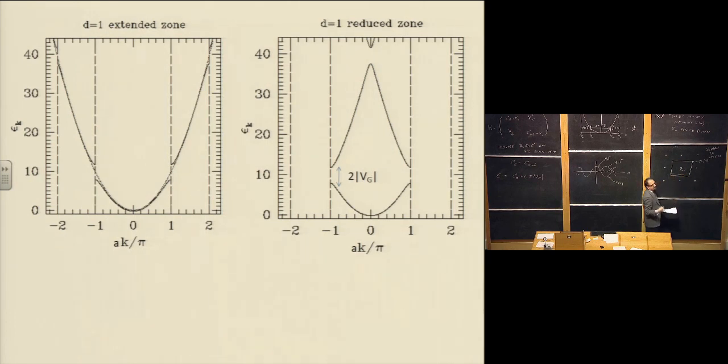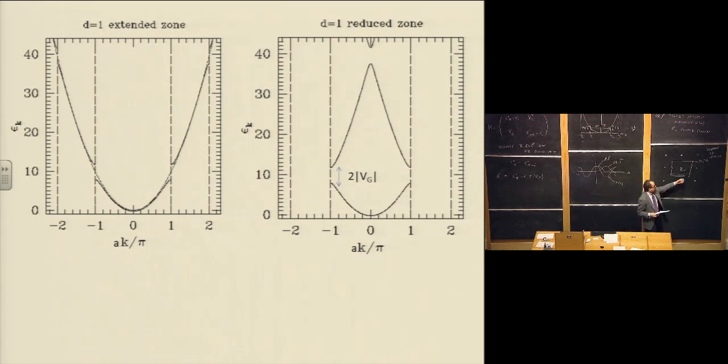So these two can mix together via scattering. They have the same energy because they're the same distance from k equals 0, the same amplitude of k. So this condition holds, E of k equals E of k plus G. They mix together, and it's exactly the same calculation we just did.